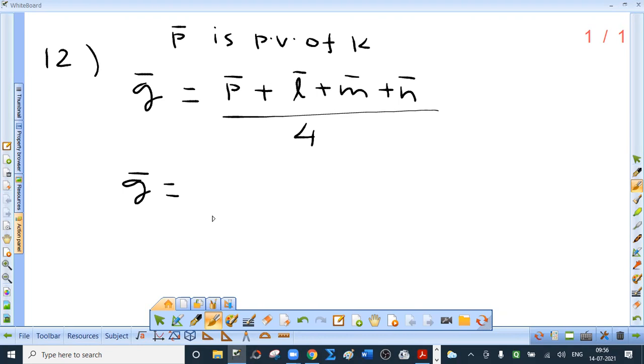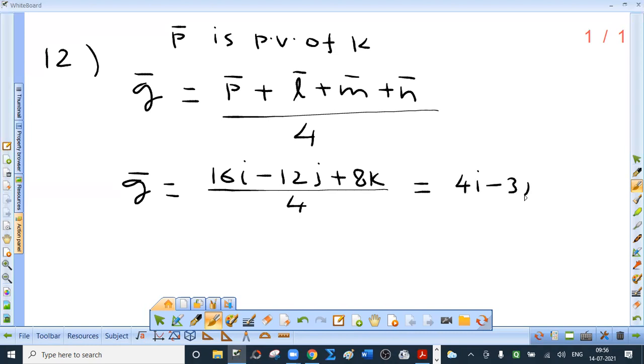Substitute. Tell me what you get. On addition, you should get 16i. Don't write this directly. 16i minus 12j plus 8k divided by 4. So this is nothing but 4i minus 3j plus 2k.